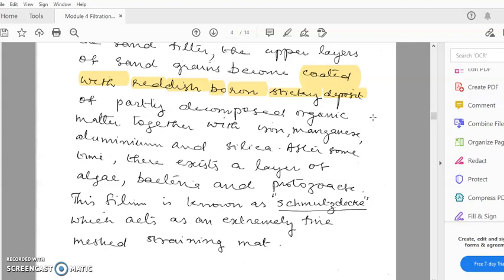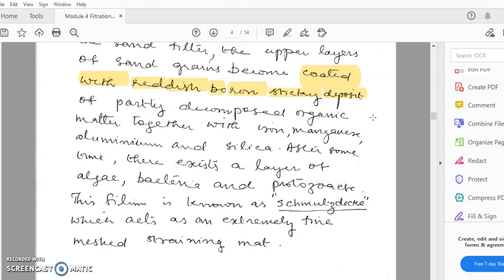That is because of the biological action. It is actually the discharge of the microorganisms, so when it is discharged, it is coated over the sand grains.